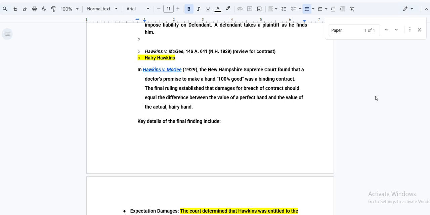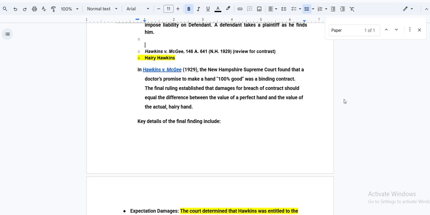So, looking at some of my notes here, the court found that the doctor's promise to make a hand 100% good was a binding contract.